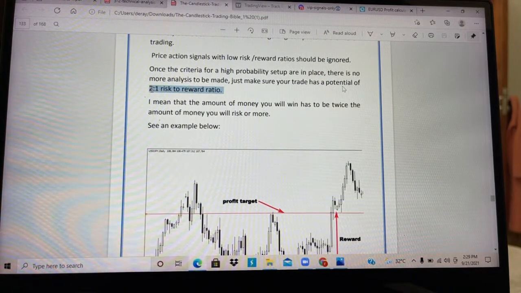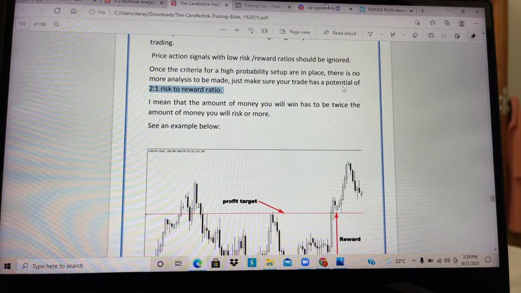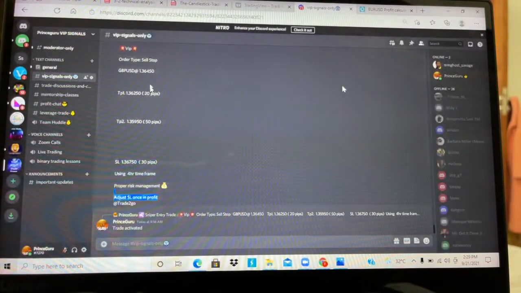That's the whole concept. That is why here you saw that we had 20 pips, 50 pips, and we were only risking 30 to get all of this.